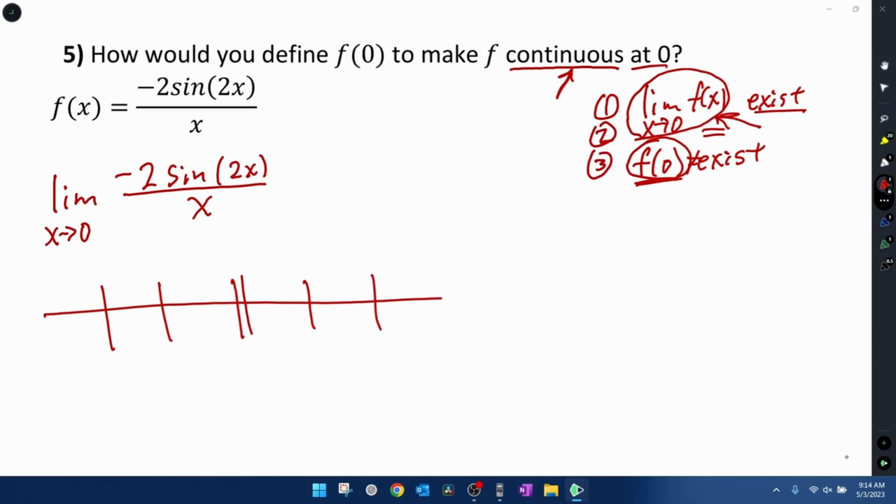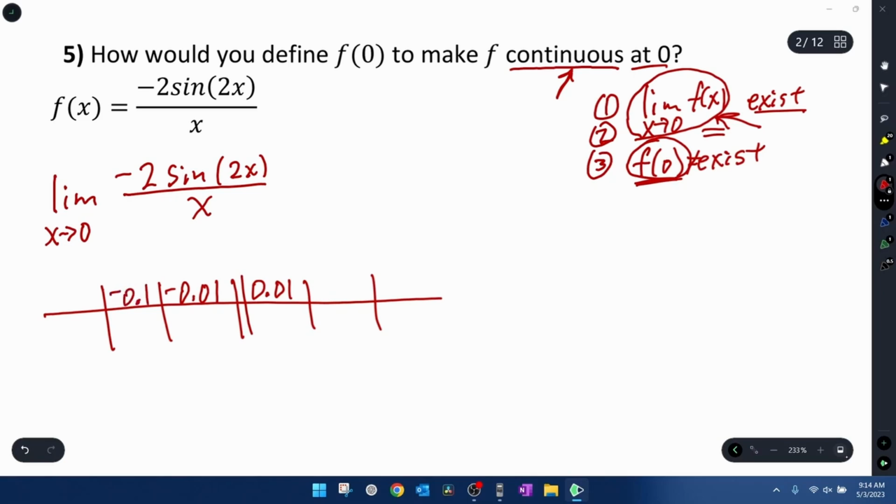From the left, negative 0.01, and from the right, 0.01, and then make those get a little bit bigger. Maybe negative 0.1, maybe negative 0.5, and then those need to be symmetric. So over here, this would be 0.1, 0.5.